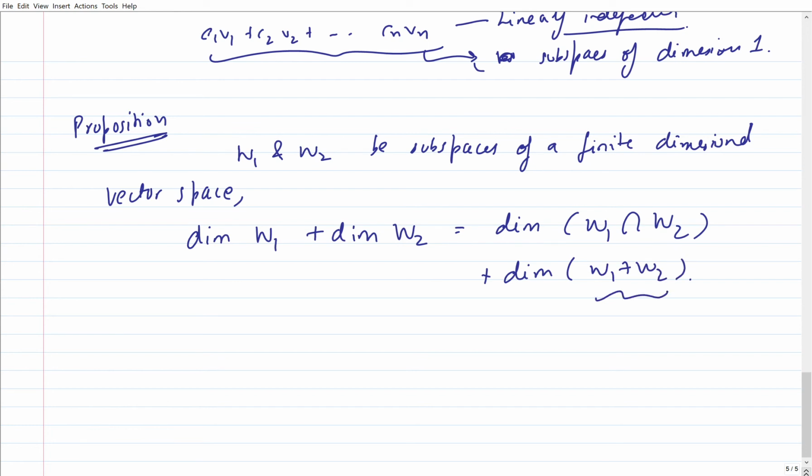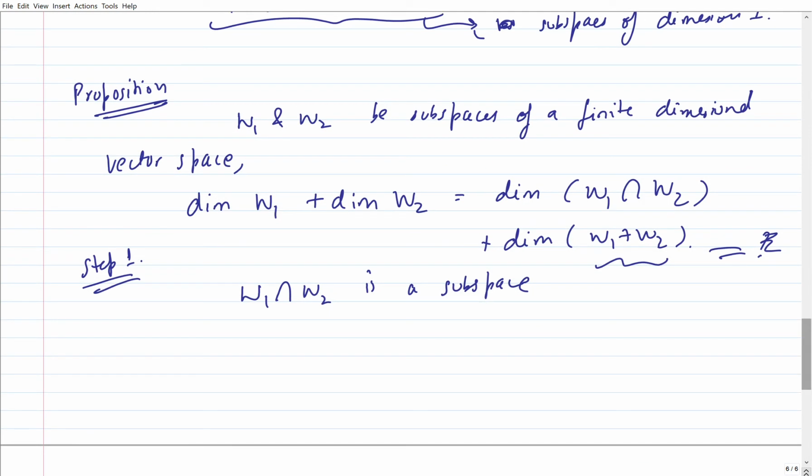Okay, so how are you going to prove it? Well, essentially the idea, I'm just going to sketch it, is to first realize W1 plus W2 is a subspace. You can easily show that it satisfies all the properties of a subspace: 0 is an element, it's closed under addition, and so on and so forth.